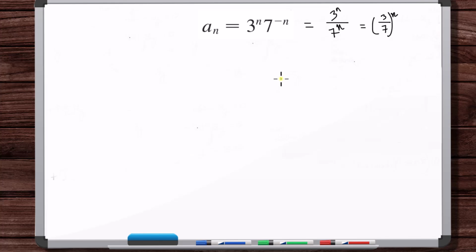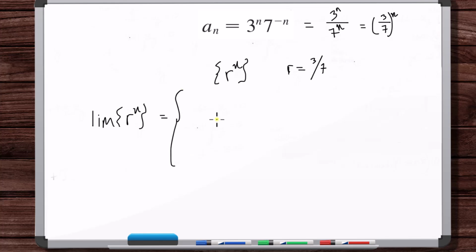We went over this case for sequences of a base to the power n. So this is a sequence of r to the n. That's what we have here, with r equal to 3/7. And we know that the limit of r to the n is 0 if r is greater than -1 and less than 1, not including -1 or 1.